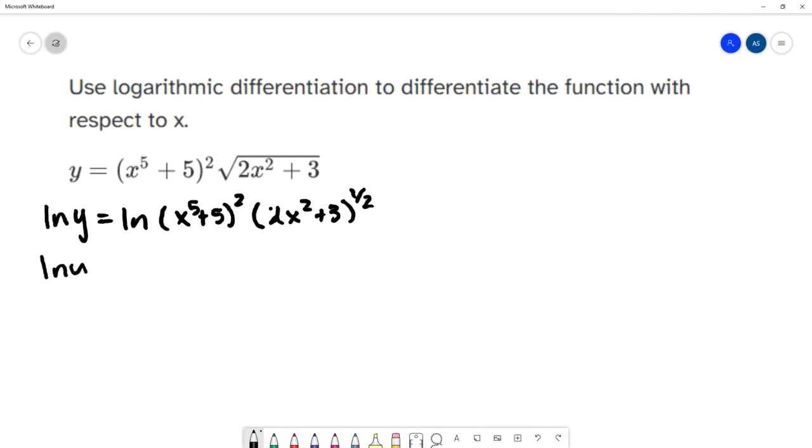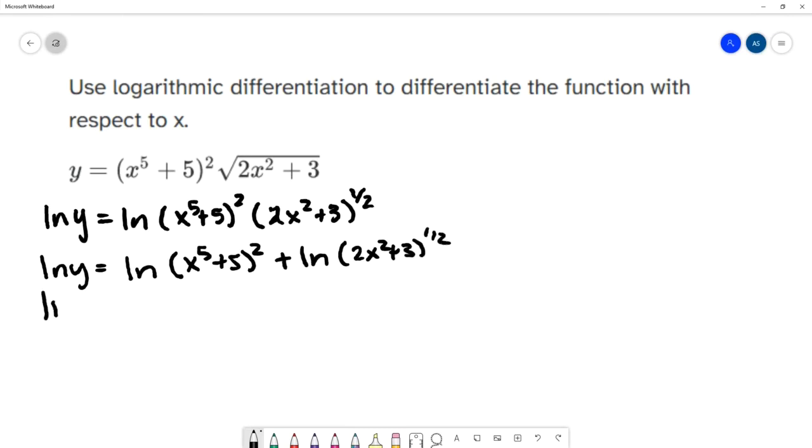And then we're going to apply the product rule for logarithms. It allows us to expand this log into x to the 5th plus 5 squared plus natural log of 2x squared plus 3 to the 1/2. And then I'll use another log property, which is the power rule for logarithms.